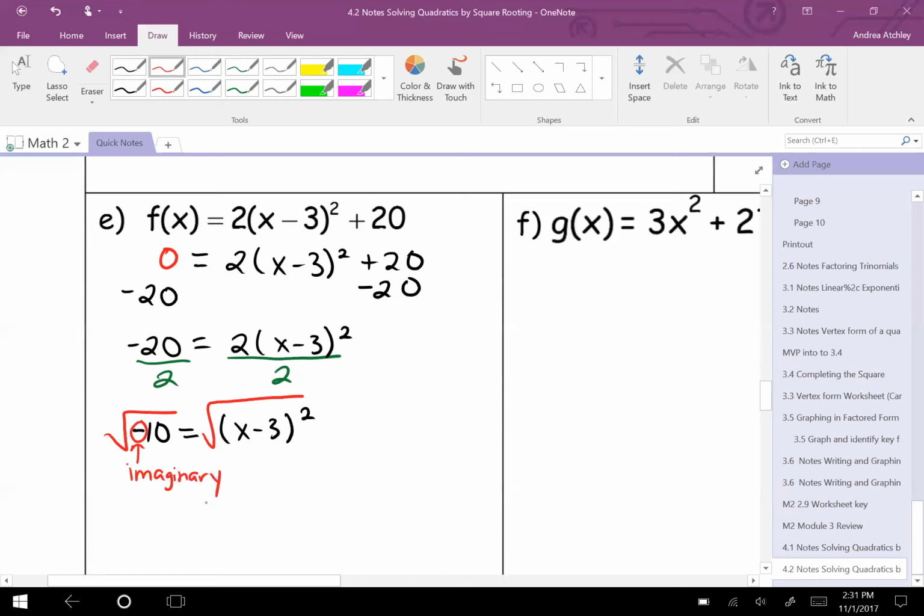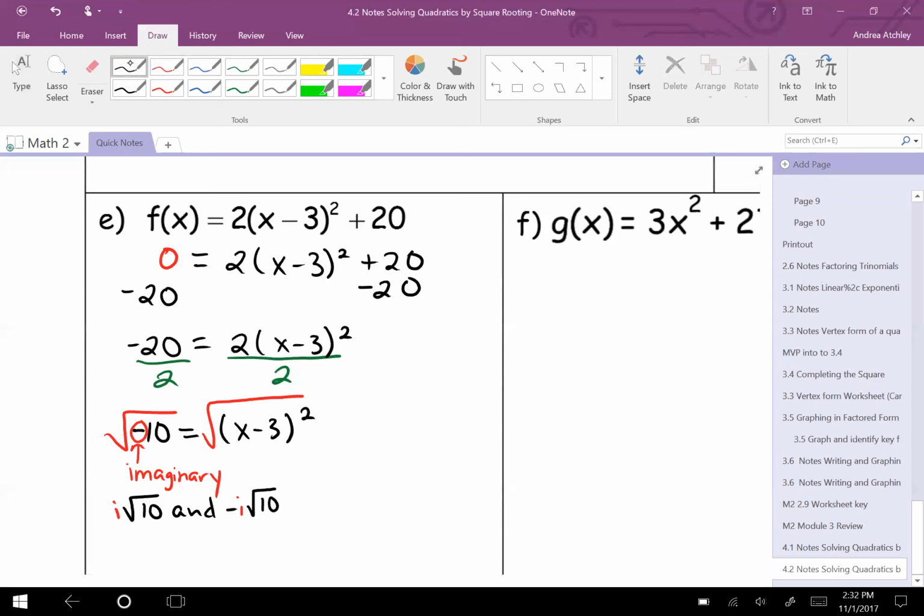A negative inside the radical means it doesn't really exist, because no number times itself will give me a negative number, because a negative times a negative is a positive. So what this is, I square root 10 and negative i square root 10.